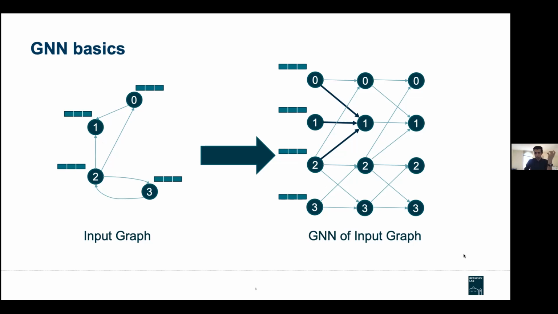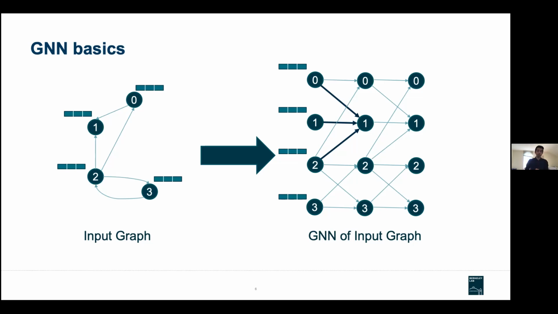But why do we construct a GNN this way? The reason is the core operation of graph neural network training is what's known as this aggregation step, where we take every vertex in the graph and sum up the feature vectors across each vertex's incoming neighbors. So for instance here, if we wanted to run GNN training, we would take vertex 1, iterate over all of its incoming neighbors, 0, 1, and 2, and sum up the feature vectors.